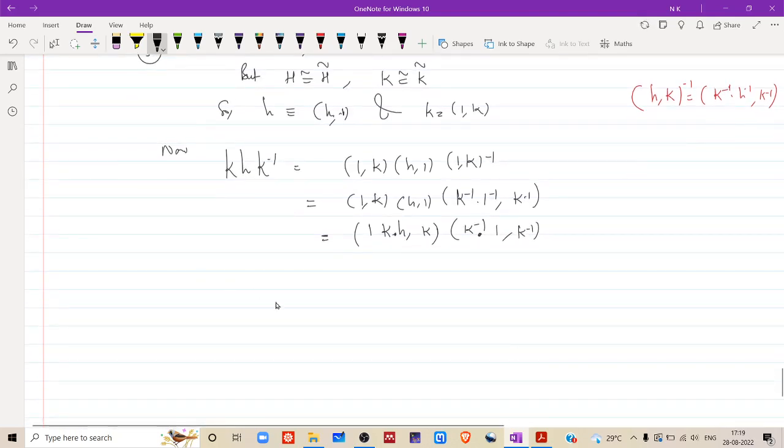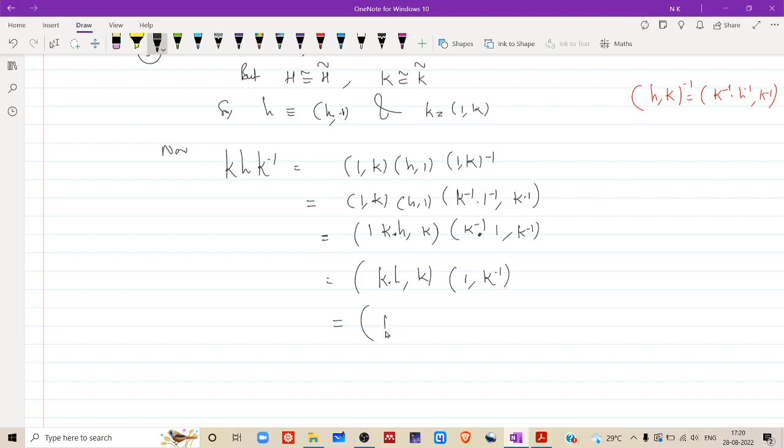Let's simplify it further. This is simply equal to (1 into k dot h, k), then (k inverse dot 1, k inverse), so that is (k dot h, k dot 1, k into k inverse).